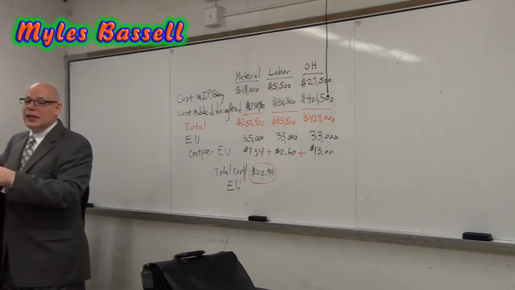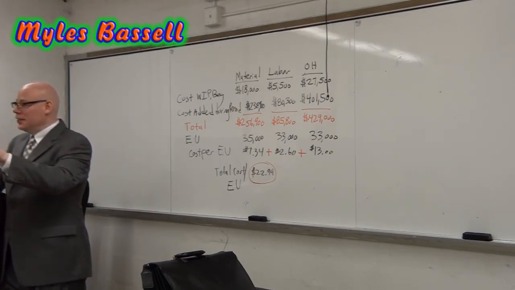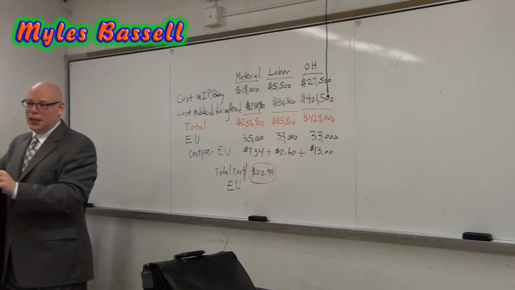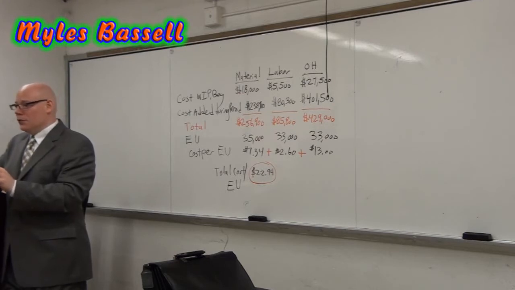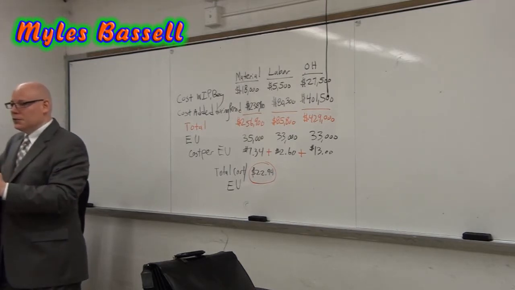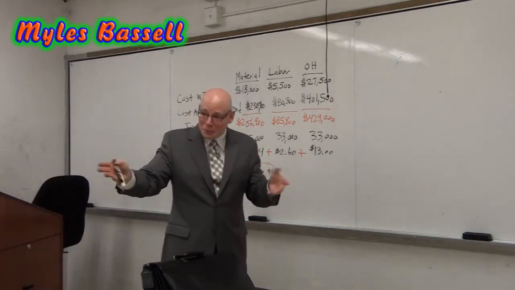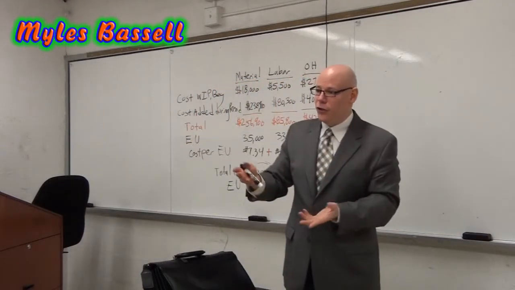If we had 30,000 partially completed teddy bears at the beginning of the period, then at the end of the period, instead of 30,000, we have 10,000. So, Irina, tell us. So that means that we converted them into finished goods.